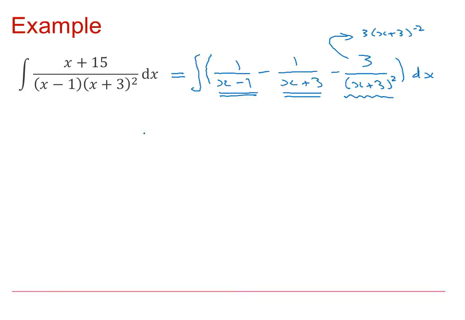So now when we integrate term by term, we get ln modulus x minus 1 minus ln modulus x plus 3, and using this form of the fraction up here, we will get plus 3 times x plus 3 to the minus 1.